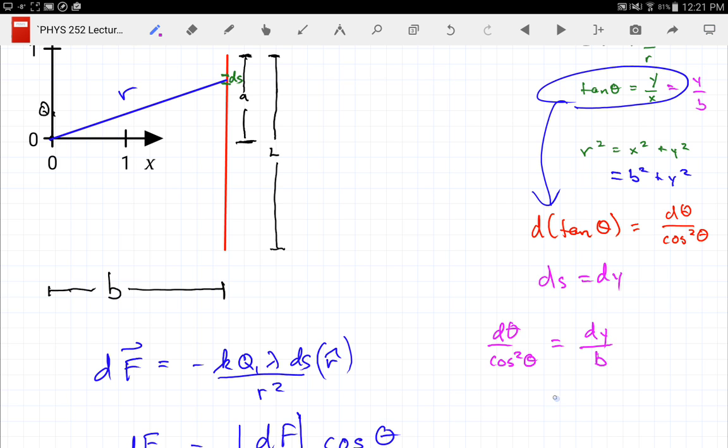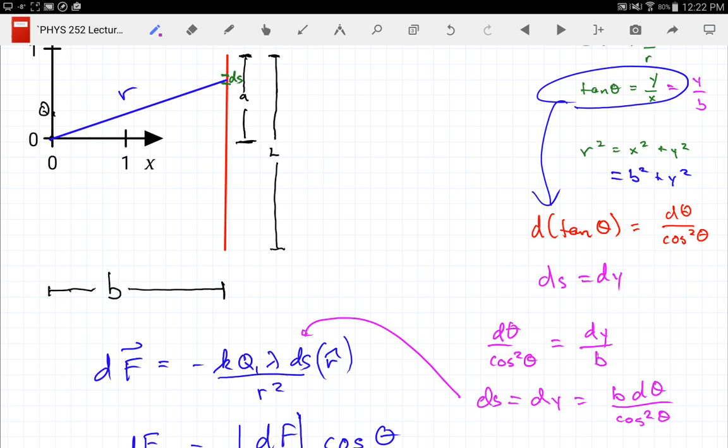So now I can replace dy is equal to b d theta over cosine squared theta, and I can put that in for my ds. And now I will have things in terms of theta, and you may or may not, depending on your problems, have to do some conversion of r into b squared and y squared. But then you're ready to solve the problem.